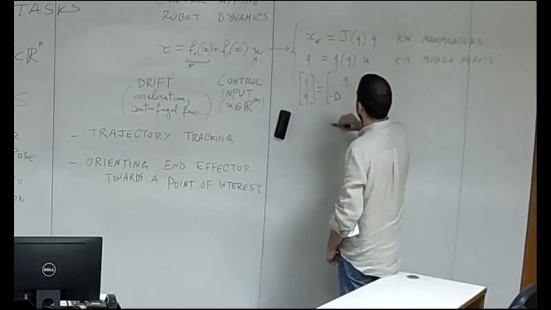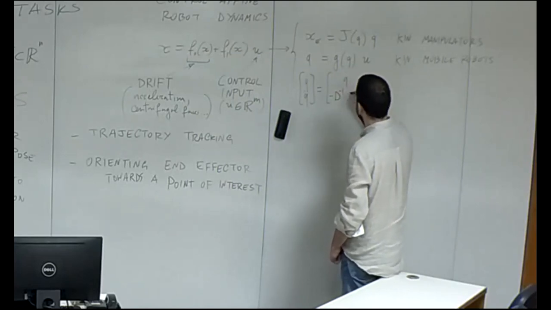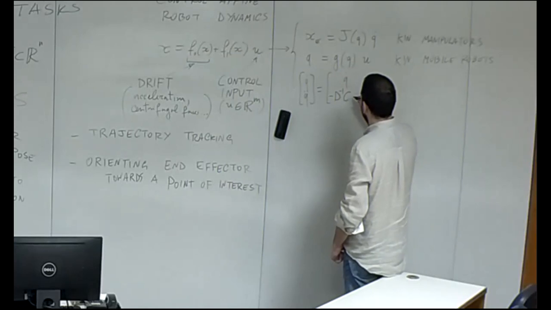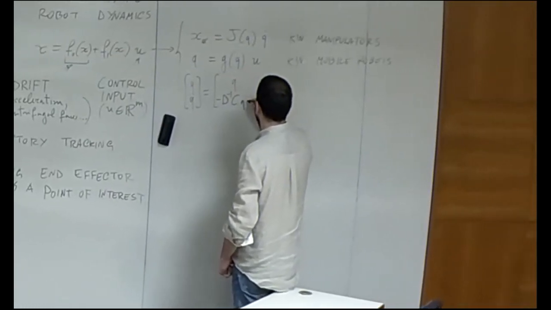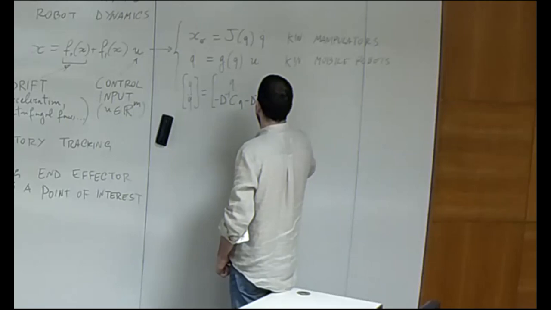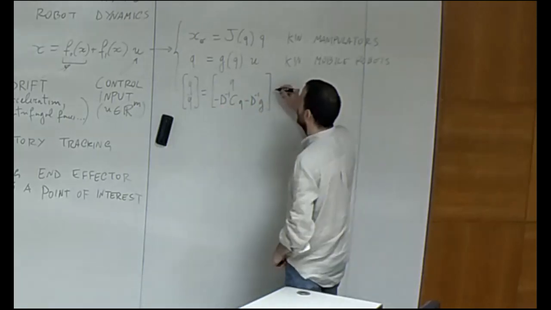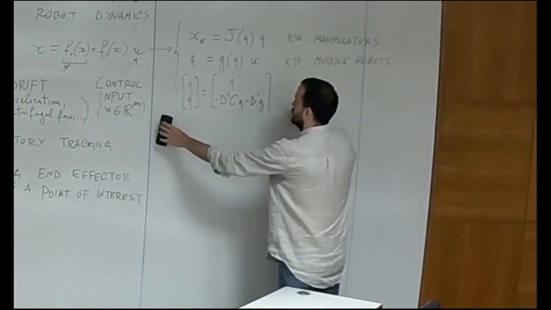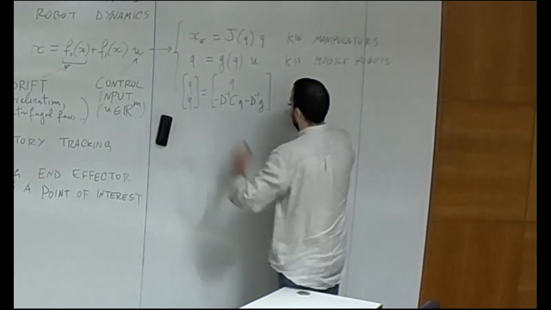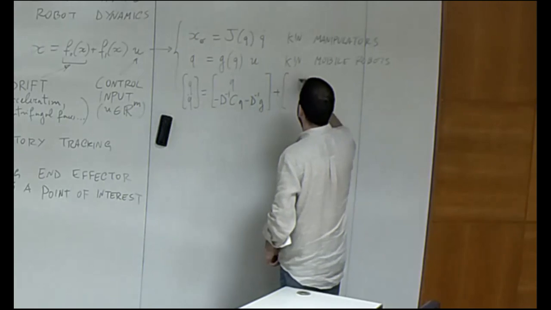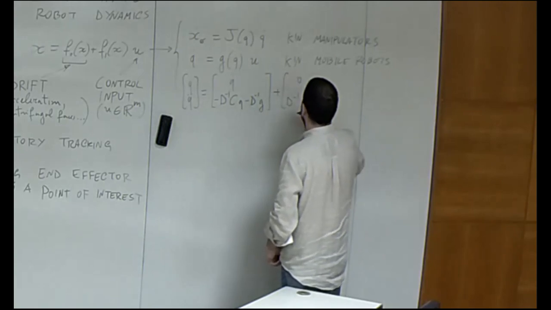Here we have the inverse of the inertia matrix times the centrifugal and gravitational effects, plus the inverse.